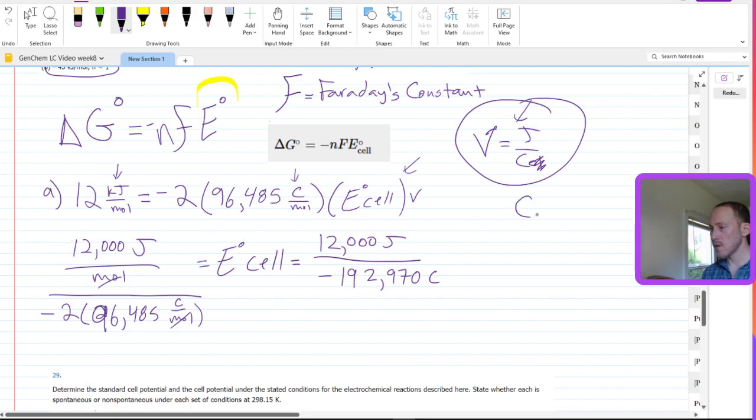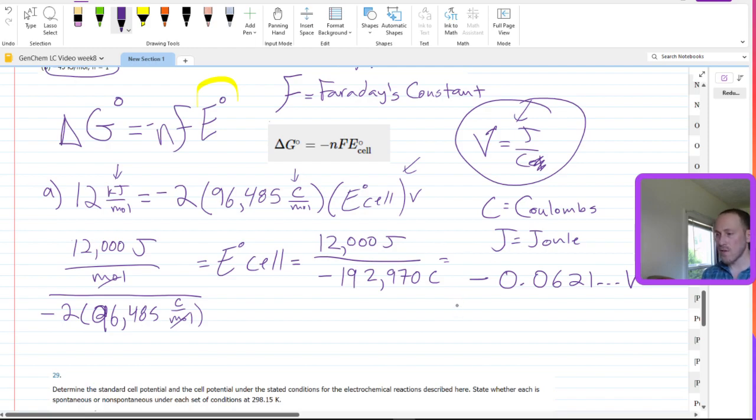That equals negative 0.0621 volts, because again joules per coulomb equals volts.